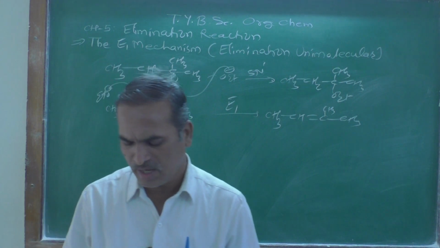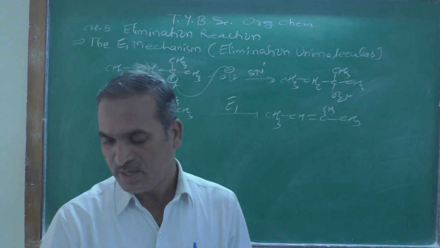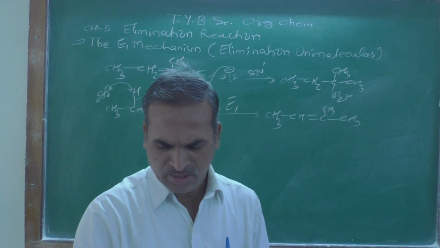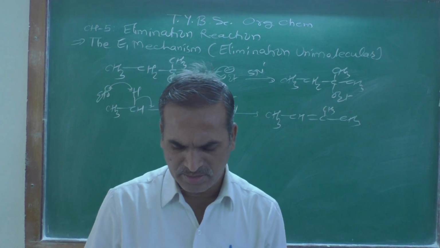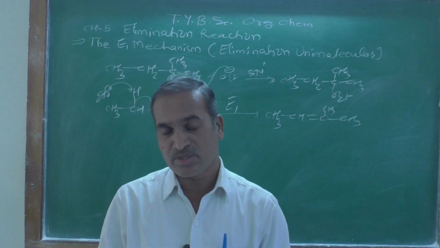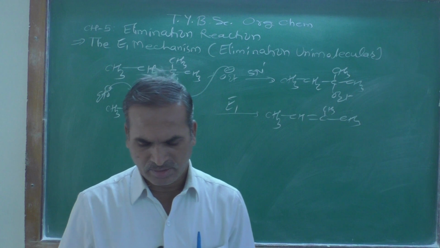Both these things happen after the first step in SN1 and E1 reactions. Since the carbonium ion is tertiary, it is already stable, and hence the chances of rearrangement are less over there.